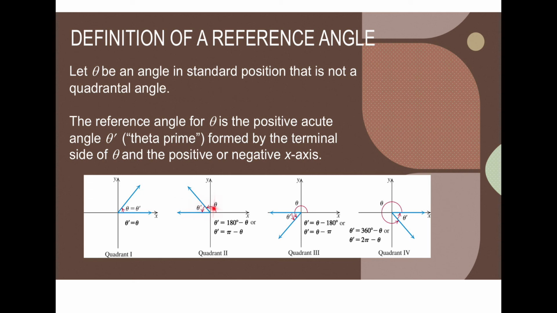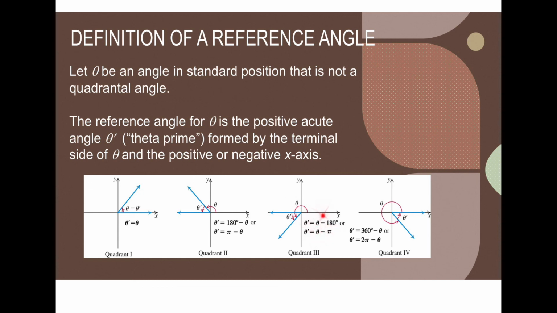And theta prime would be whatever we get from 180, which is all the way over, and then subtract out this amount. So subtract out this, what we have left is that angle there. That's our theta prime. From a radian perspective, that would be pi minus theta. Pi, remember, is akin to 180 degrees. If we're in the third quadrant, then we need to subtract from our angle theta.